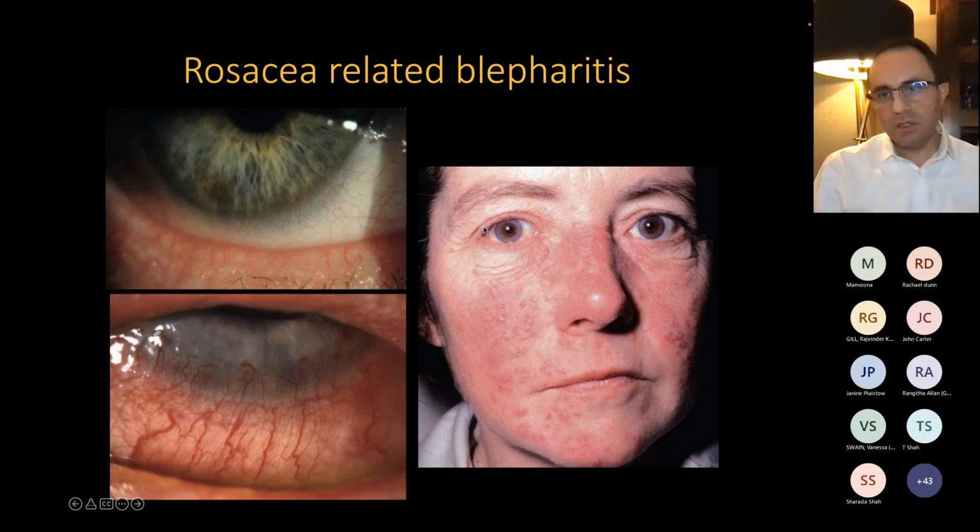So always check the shape of the face, and if you see these signs, please refer to us, even if this is a slightly red eye or causing slight discomfort, because that possibly needs to be given steroids and doxycycline for a long time to heal.